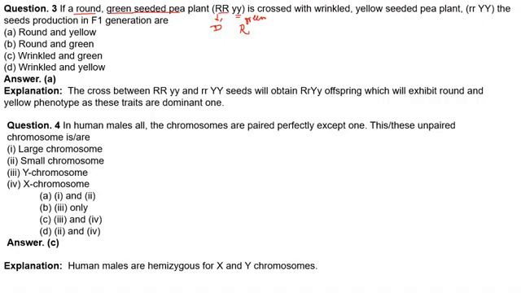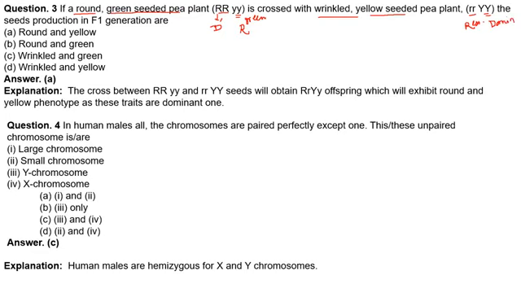It is crossed with a wrinkled yellow seed. Wrinkled is a recessive character, denoted by small r, and yellow is a dominant character. Just remember which is a dominant character and which is a recessive character.